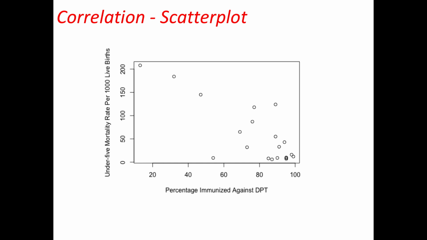Not surprisingly, the mortality rate tends to decrease as the percentage of children immunized increases. But remember, we are really bad at interpreting data without biases involved, which is why we have inferential statistics tests that we can use to better and more appropriately analyze the data.